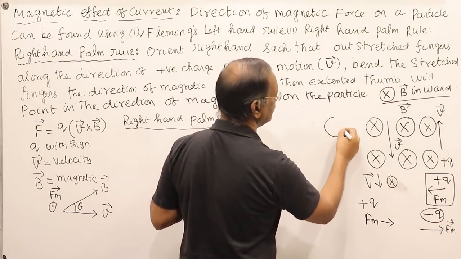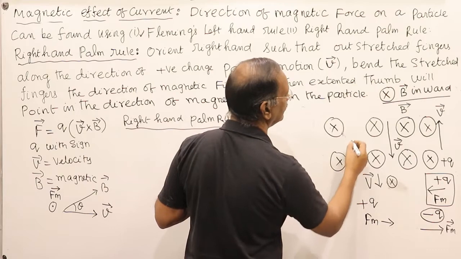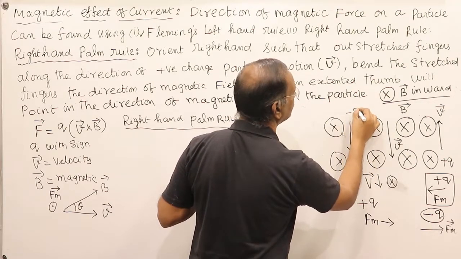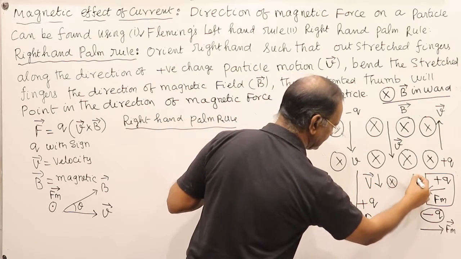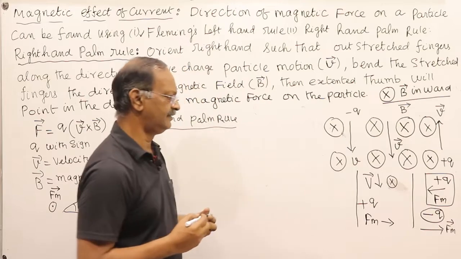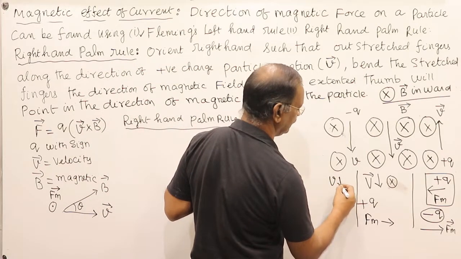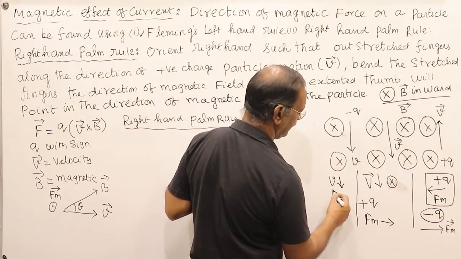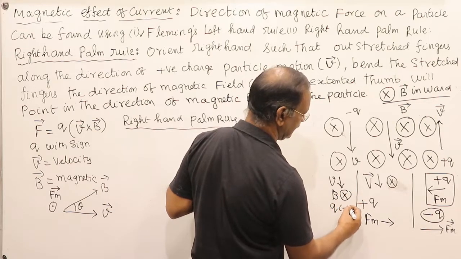Now again we keep the same way, and this is the velocity direction v, but here we are using a negative charge. Now you see the same velocity is in the downward direction, magnetic field is inward, B is inward, charge is negative.